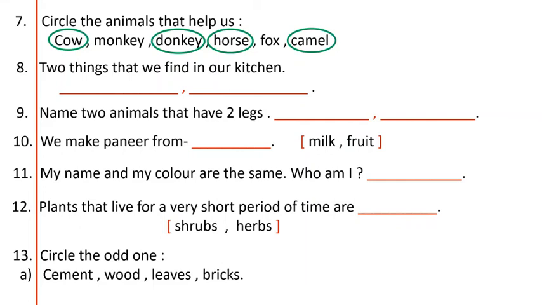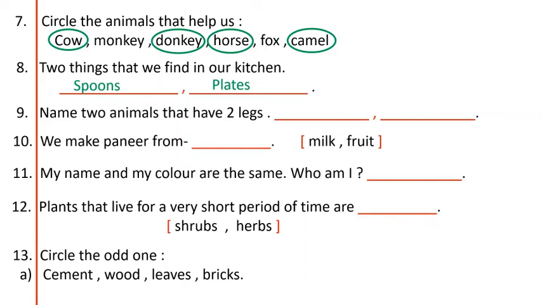Two things that we find in our kitchen. Children, now we have to name two things that we find in our kitchen. Think, children. Yes, spoons, plates, etc. Next, ninth question.